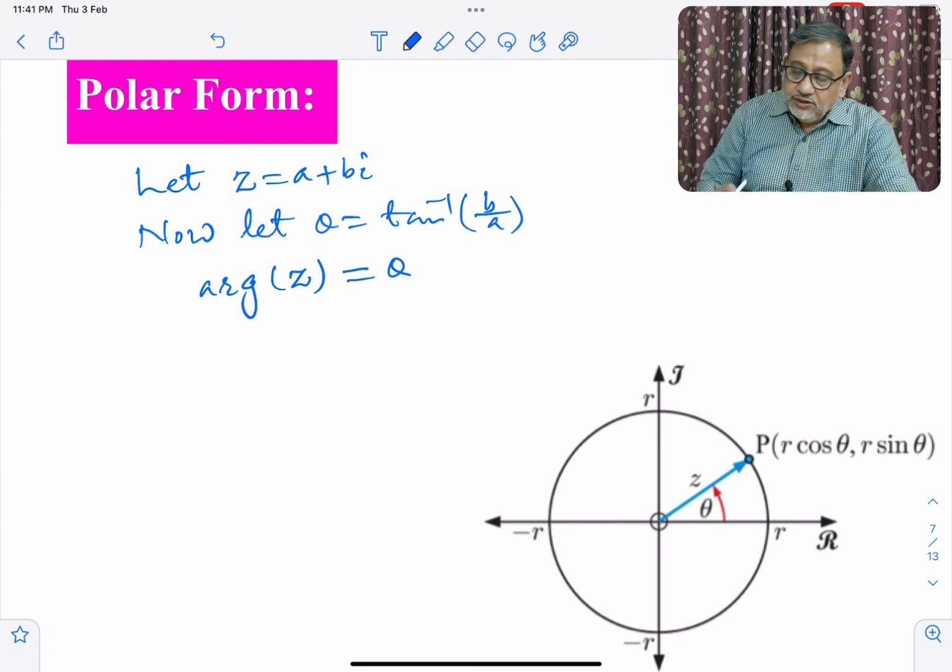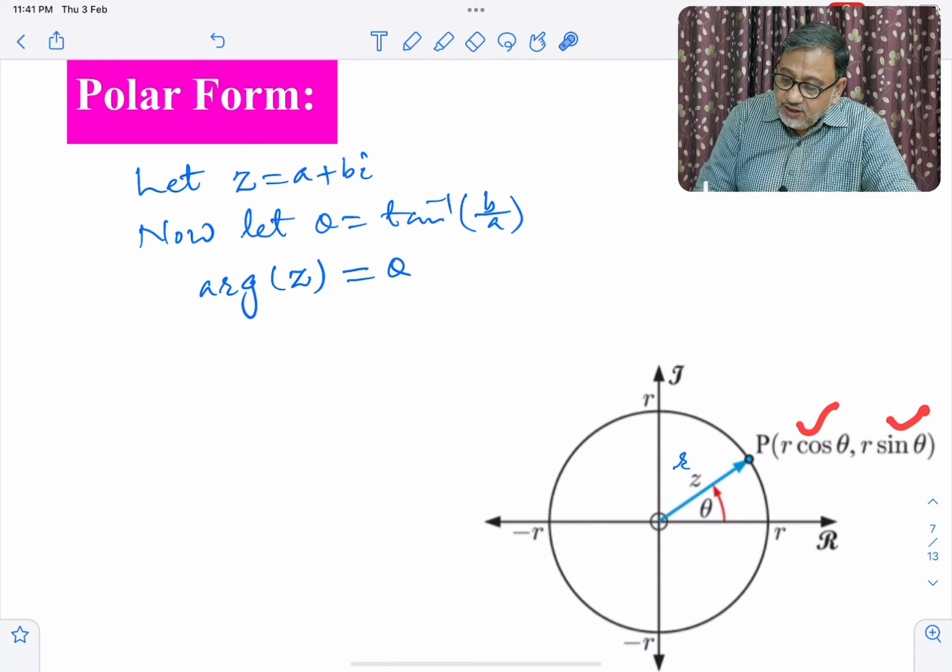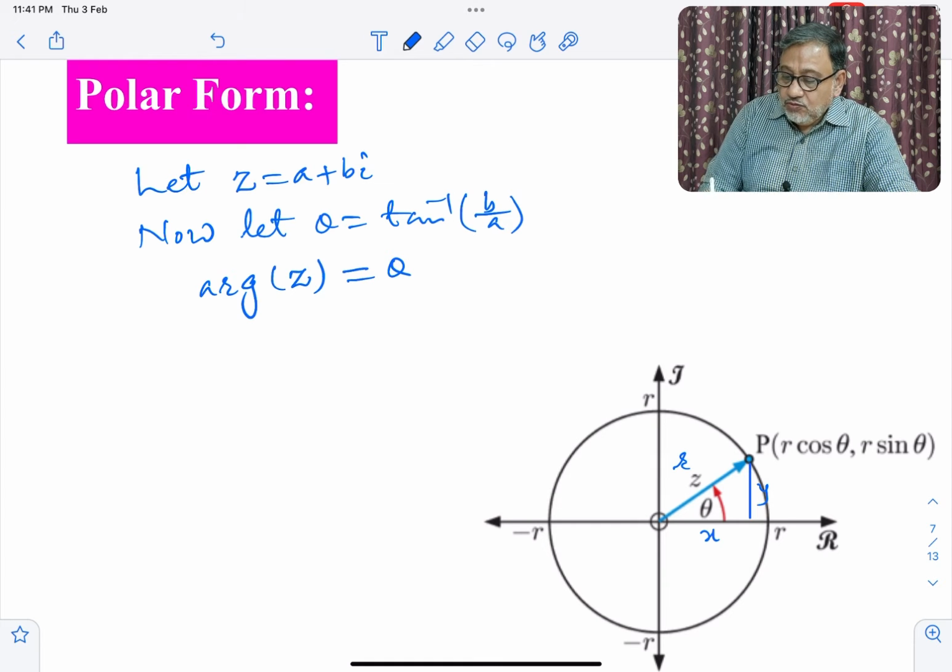Now look here, you know in the coordinate system that if this length is r and this angle is theta, then the coordinates of P will be r cos theta, r sin theta. Why is it like that? Because when you draw the perpendicular here, the opposite side is the y coordinate and the adjacent side is the x coordinate.